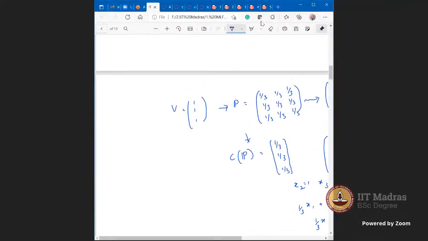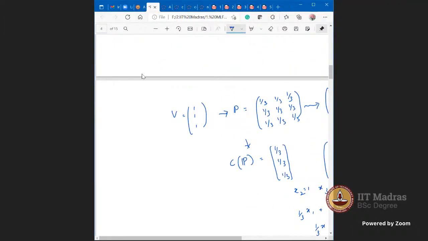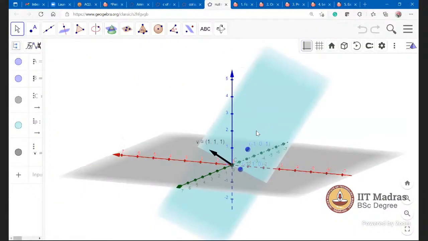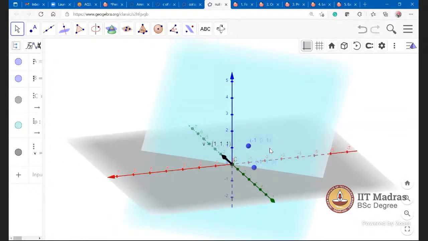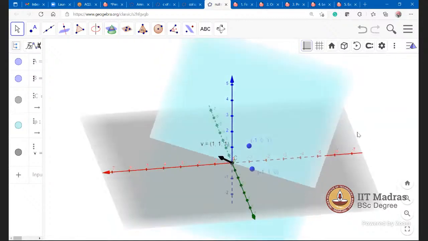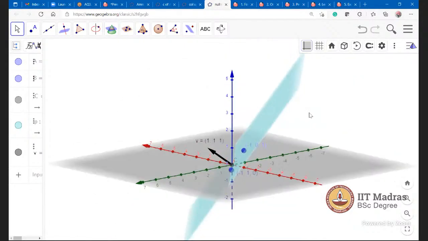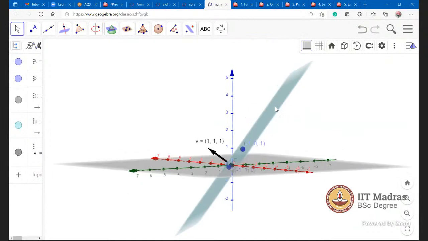Here you can see the null space vectors (-1, 0, 1) and (-1, 1, 0). For these two vectors, you will get a plane for your null space. So this is your null space plane.